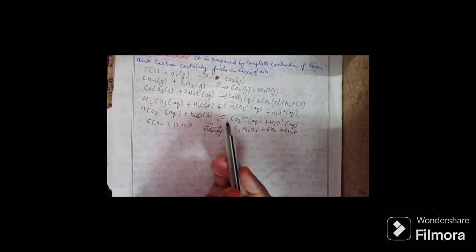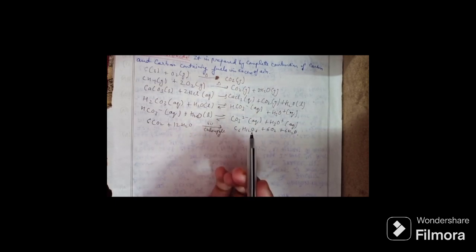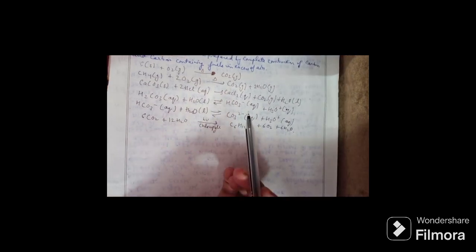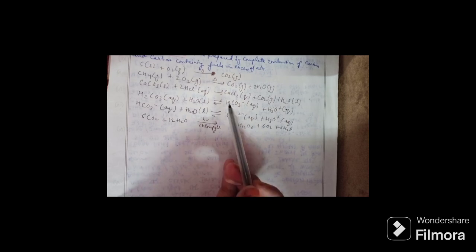In the carbon dioxide molecule, the carbon atom undergoes sp hybridization, and the two sp hybridized orbitals of the carbon atom overlap with two p orbitals of the oxygen atoms to make two sigma bonds, while the other two electrons of the carbon atom are involved in p pi-p pi bonding with the oxygen atoms. This results in a linear shape with both C-O bonds of equal length, 115 pm, and no dipole moment.